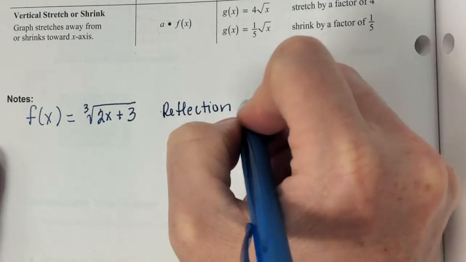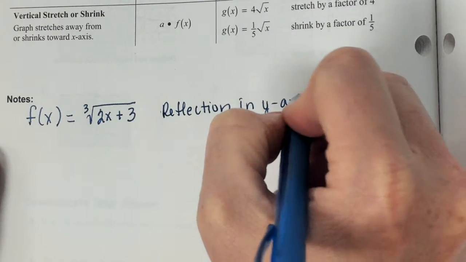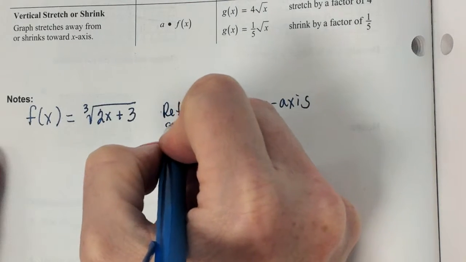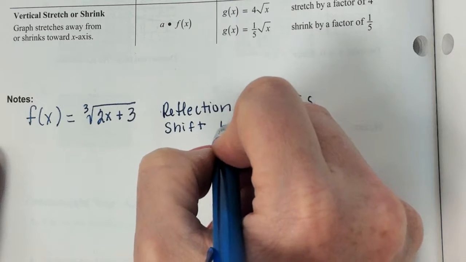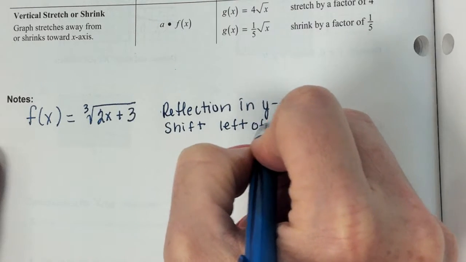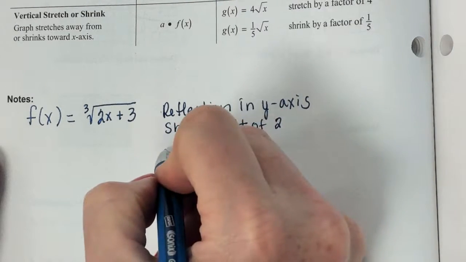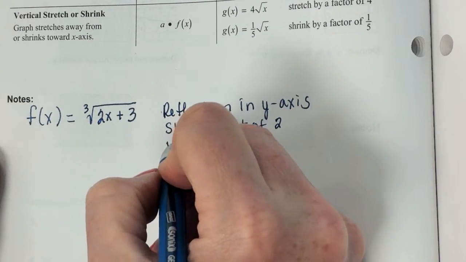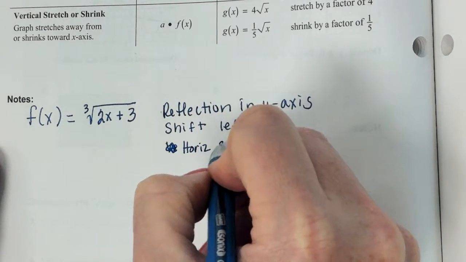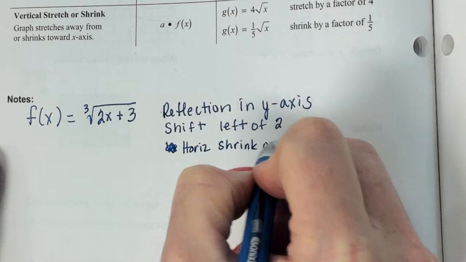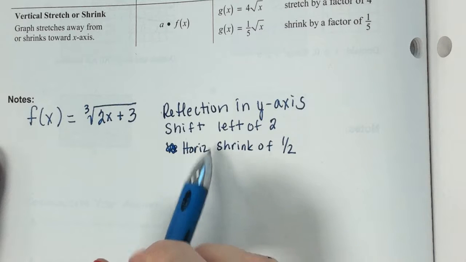We're going to do a reflection in the y-axis, a shift to the left of 2, and then we're going to do a horizontal shrink of 1/2. And we're going to have to do it in this order.